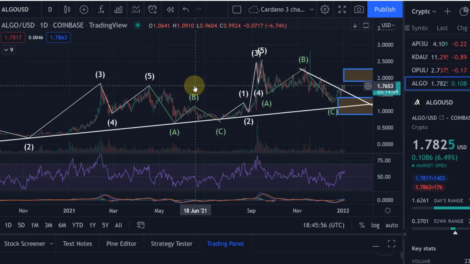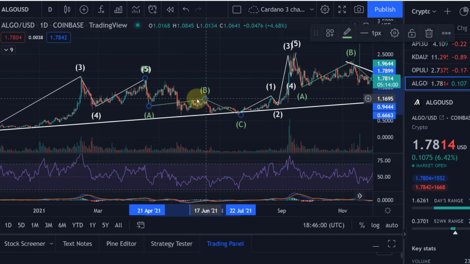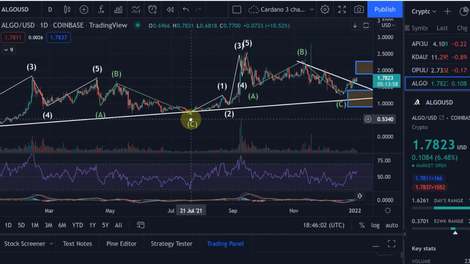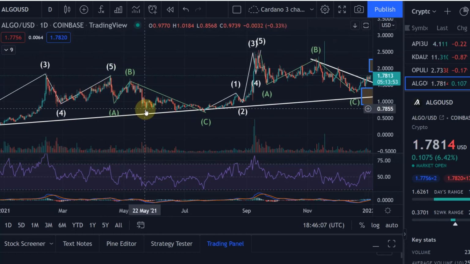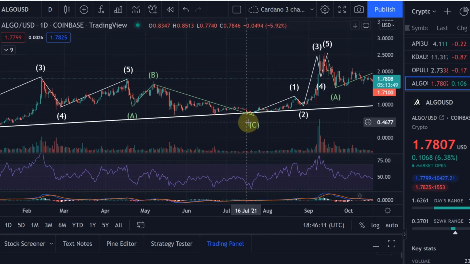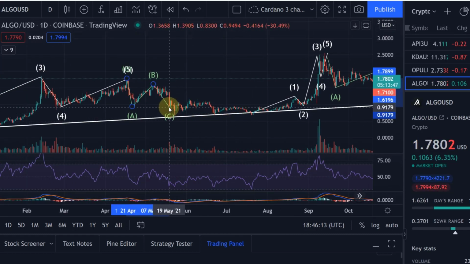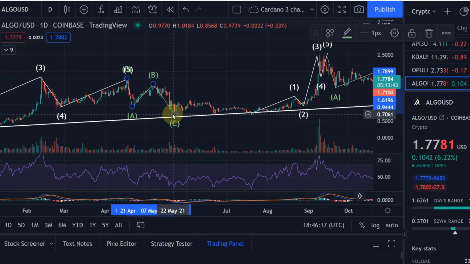Looking at the chart today, I think this is what we had back here as well. So we had this A, B, C. That was back here in May. You came down then in the wave C. And then what you probably had is this was an X up here.